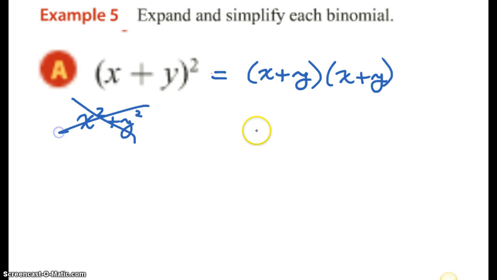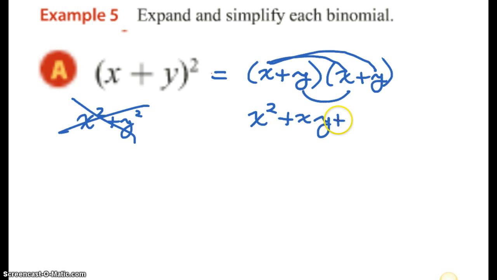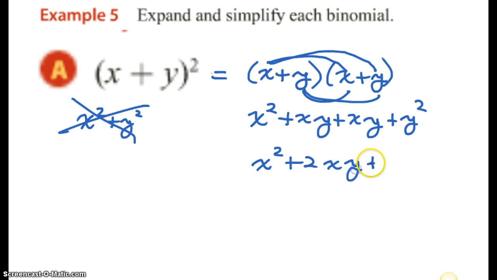That's a big no-no. So we're going to FOIL. x times x is x squared, x times y is xy, y times x is xy, and y'all know this is a perfect square trinomial, and this is y squared. So here we'll have x squared plus 2xy plus y squared.